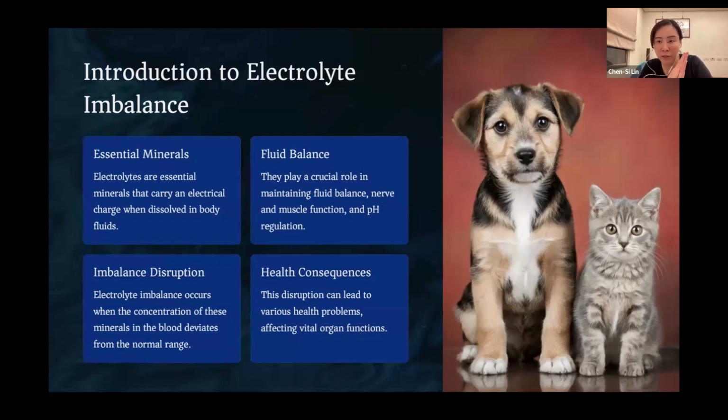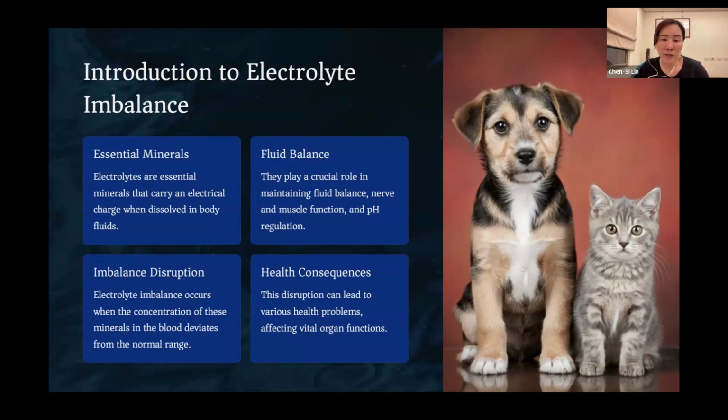This body fluid includes blood, and extracellular as well as intracellular fluid. So it's very important to maintain the osmolarity in each compartment. Body fluid balance is important and is maintained by electrolytes.